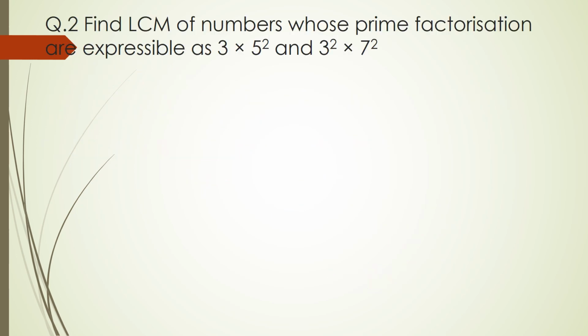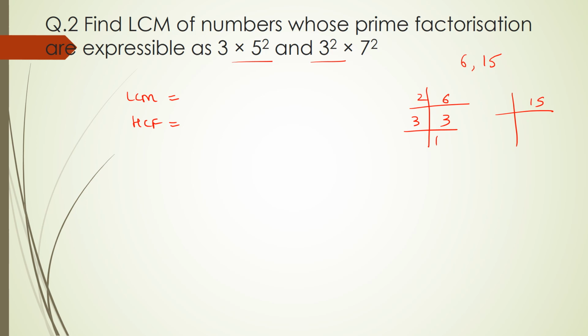Here, find the LCM of numbers whose prime factorizations are given. Before going ahead with the solution, you should know what is LCM and what is HCF. I'm pretty sure that you know that. Let's say if I have to find the LCM of 6 and 15, I'll simply factorize it. 2 3s are 6, 3 5s are 15, 5 1s are 5.